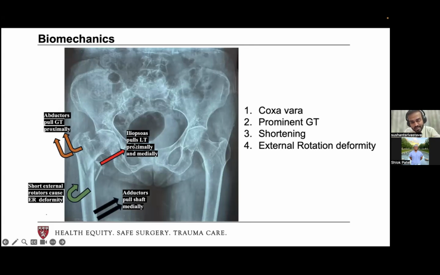The iliopsoas pulls the lesser trochanter proximally and medially. The adductors, the ones in the medial compartment, pull the shaft medially, and the short external rotators cause an external rotation deformity. So, in a case of intertrochanteric fracture, you see a coxa vara, a prominent greater trochanter, shortening and external rotation deformities.